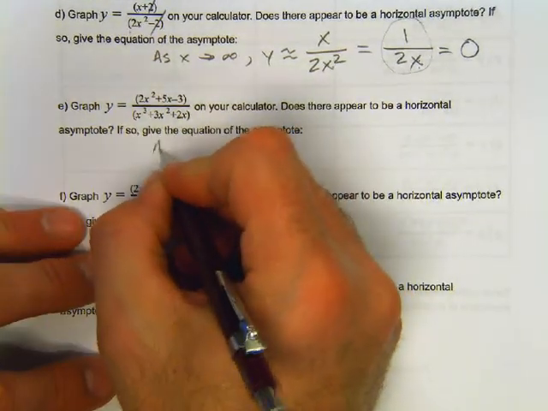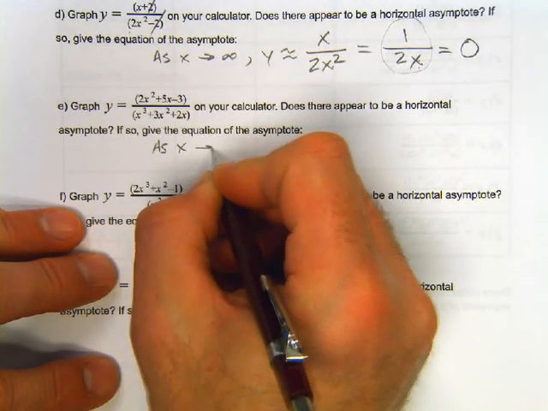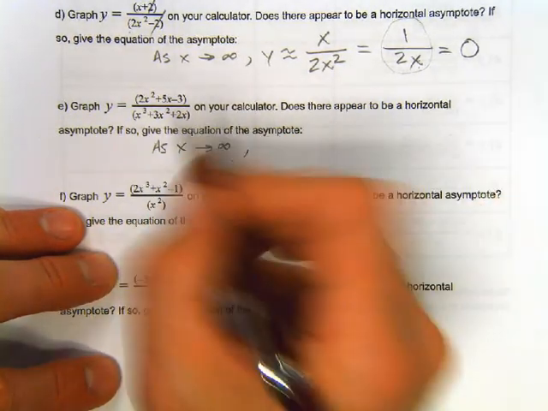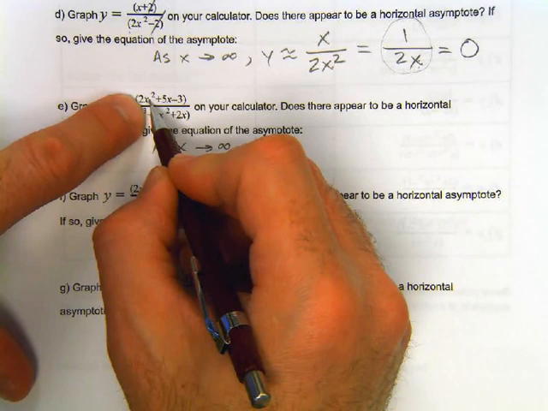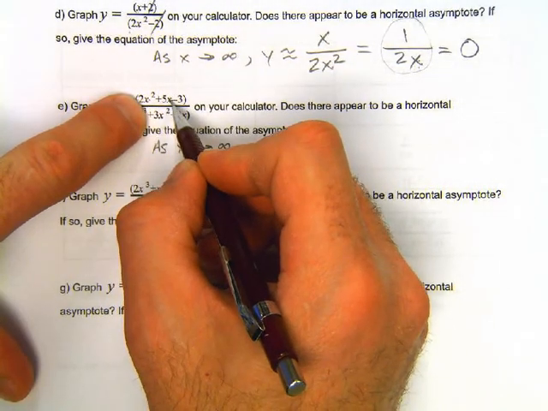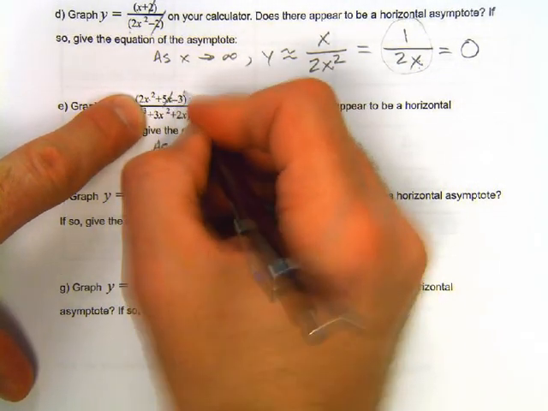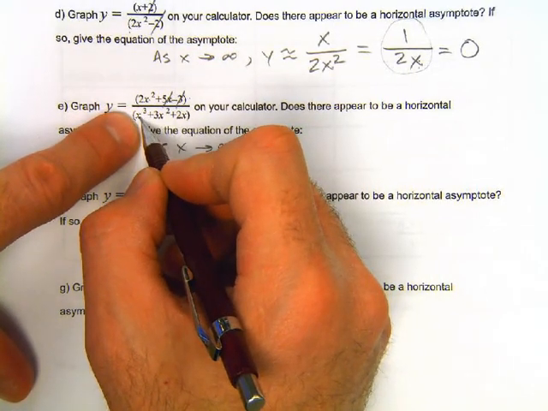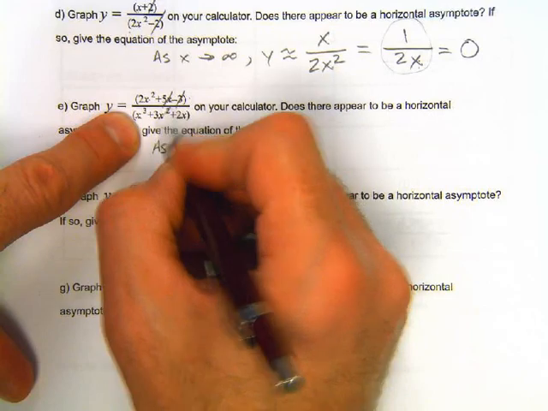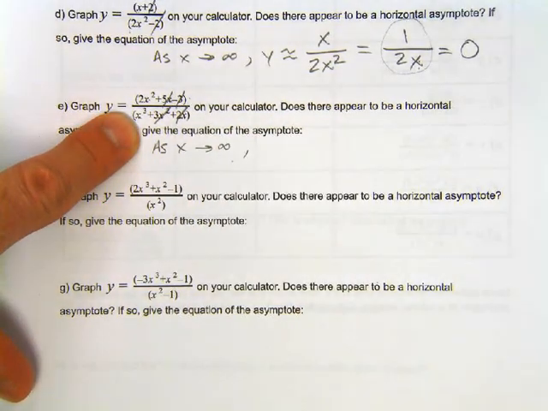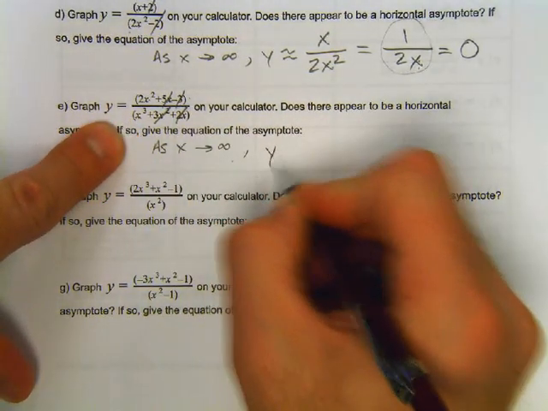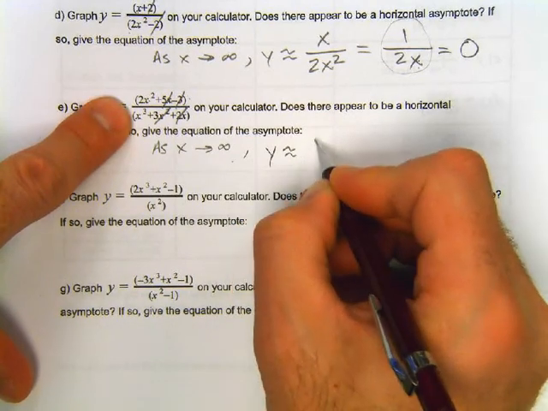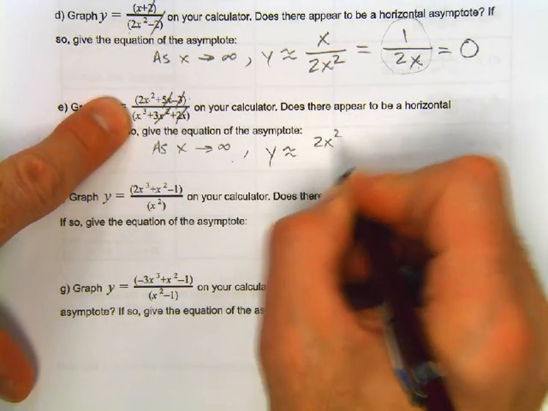As x gets big towards infinity, x squared is going to be bigger than x and bigger than 3, so those terms are insignificant. X cubed is going to get way bigger than x squared and x, so those become insignificant. And y is approximately equal to 2x squared over x cubed.